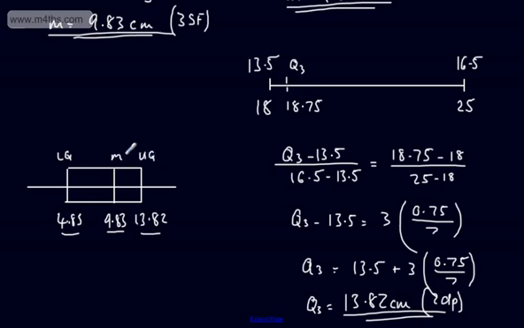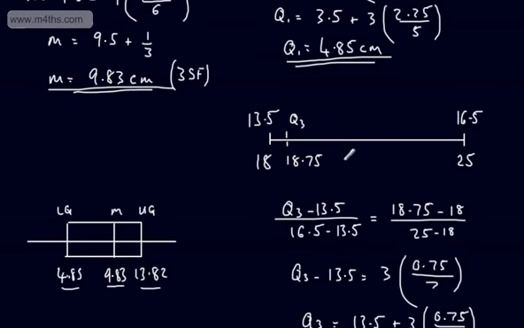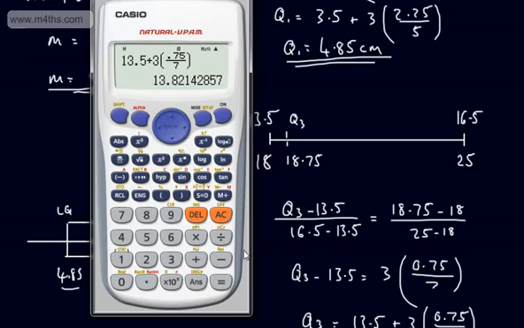We might be asked to find an estimate for the interquartile range. All we need to do is take Q3, so we can say that the IQR is going to be equal to the upper quartile minus the lower quartile, or Q3 minus Q1. So what's that going to give me? It's going to give me 13.82 minus 4.85, and that's going to give us a value of 8.97.